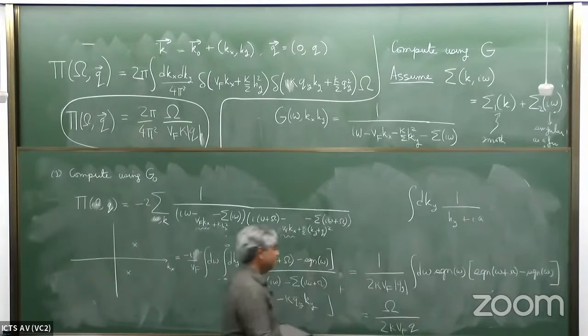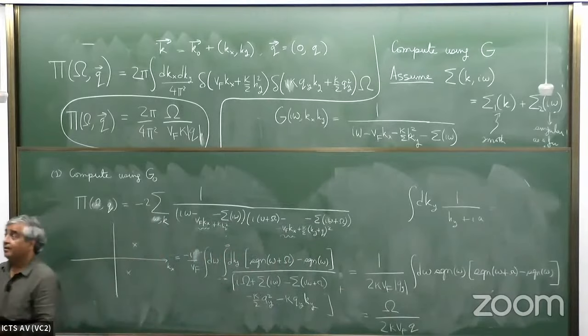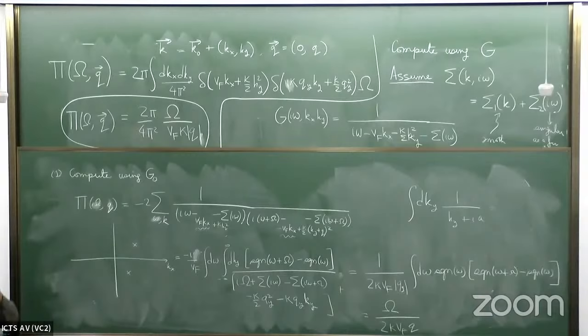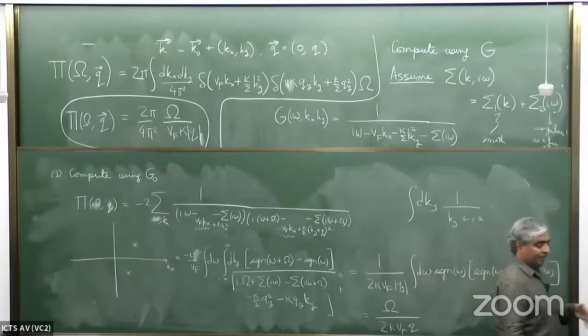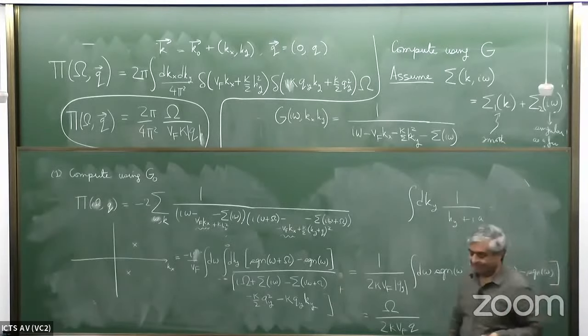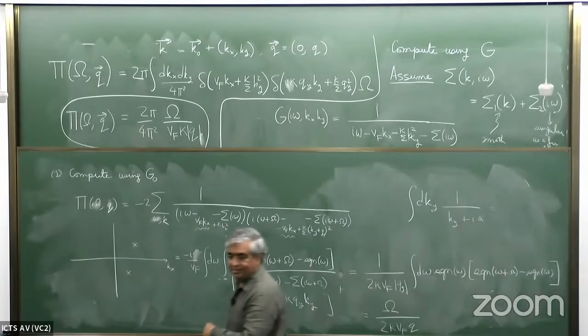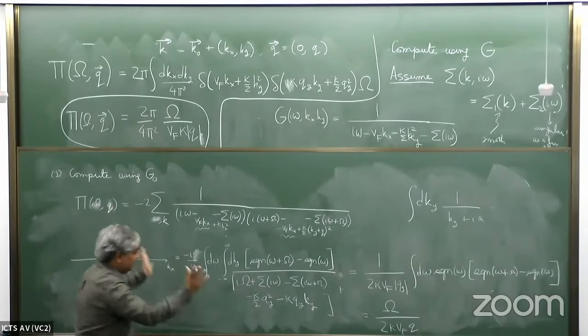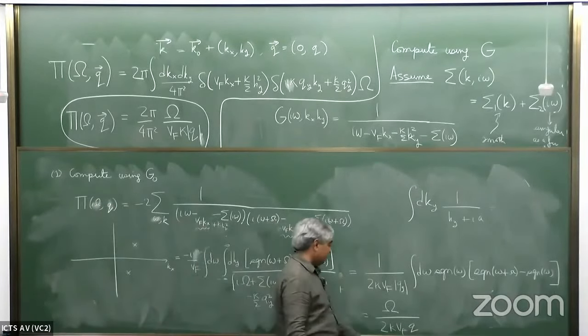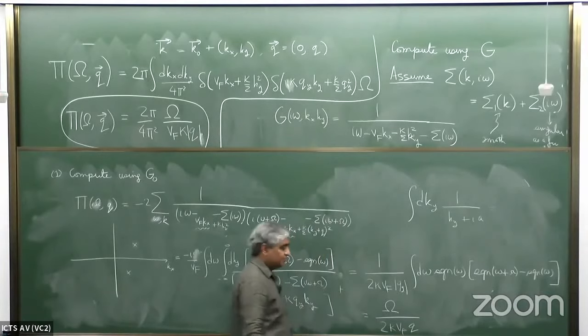I think that's a good point to stop, but that's the remarkable answer, that this Landau damping omega over Q factor is independent of any frequency dependent self energy. And of course, it is dependent on the self energy in general, but all of that can be absorbed into the definitions of kappa and VF. There's nothing else.